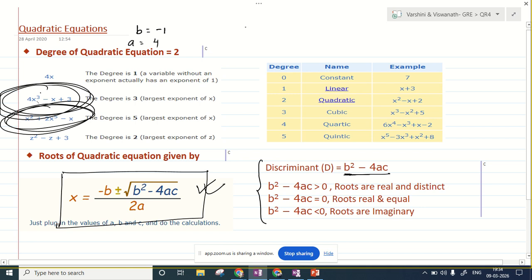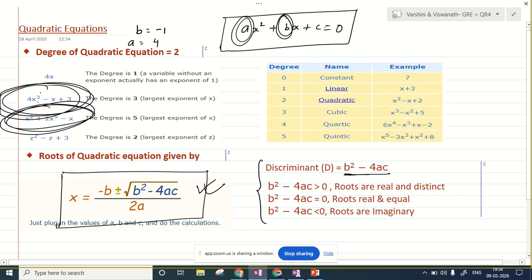So ax square plus bx plus c equal to 0, that is the general form, no? So what is the discriminant? b square minus 4ac. So a is the coefficient of x square, b is the coefficient of x, and c is the constant.